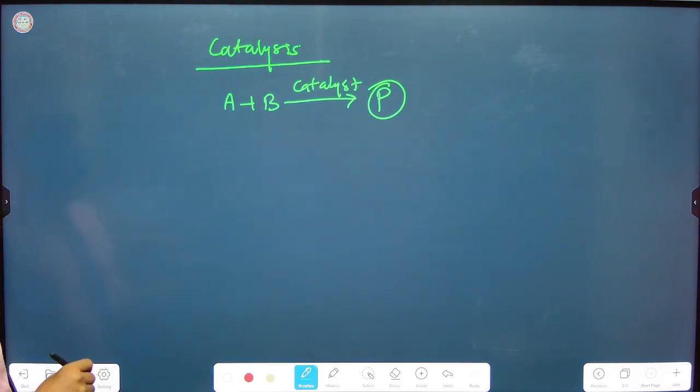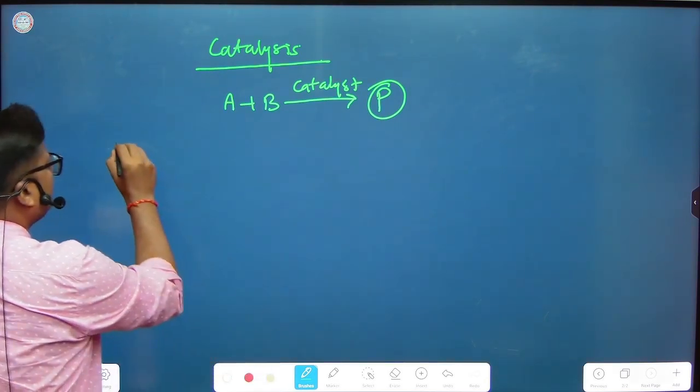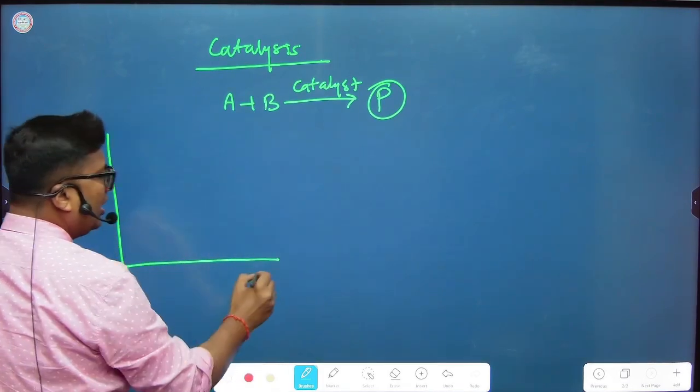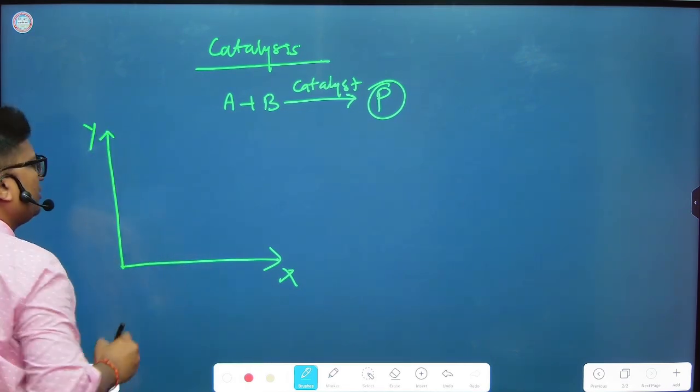What happens here, we can understand by a graph. Suppose this is your x-axis and this is your y-axis, right?